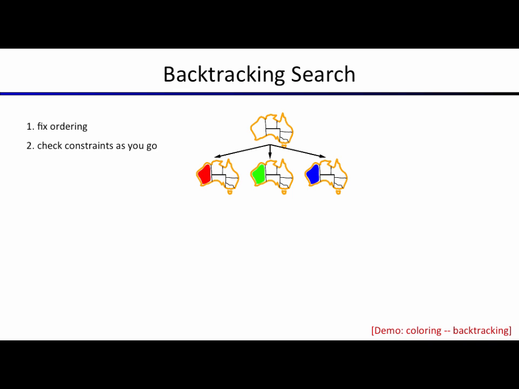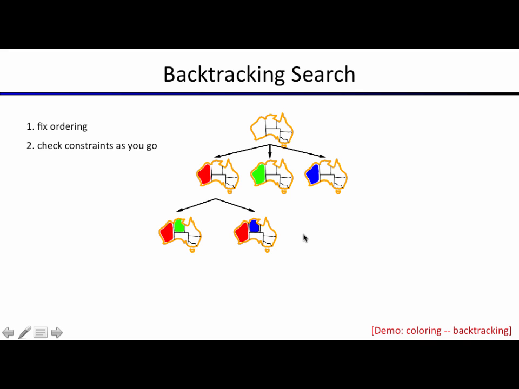The second idea, as mentioned over there, was to check constraints as we went along. So that means that if we pop up that successor there, which is this one, Western Australia equals red, then its successors are going to be Northern Territory. Let's say Northern Territory is our next variable. Northern Territory equals green, Northern Territory equals blue.